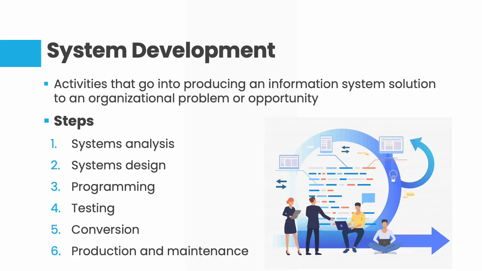So we have what is called system development. This is the name for the entire set of steps we follow to build a new software solution to fix that problem. So it's like the complete recipe for building a new app or computer system from scratch.